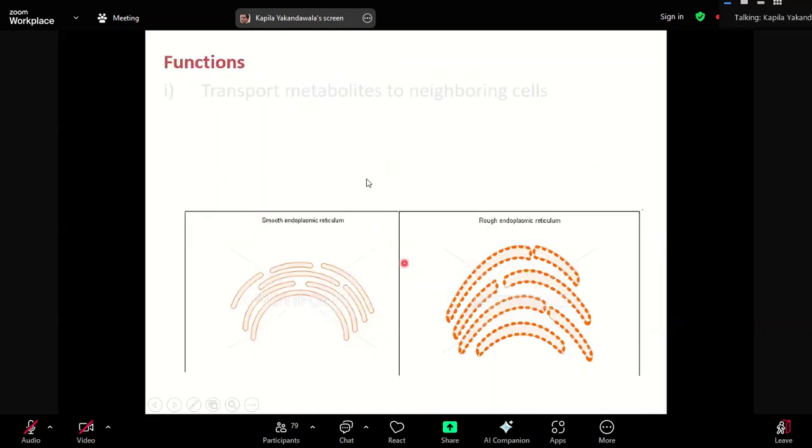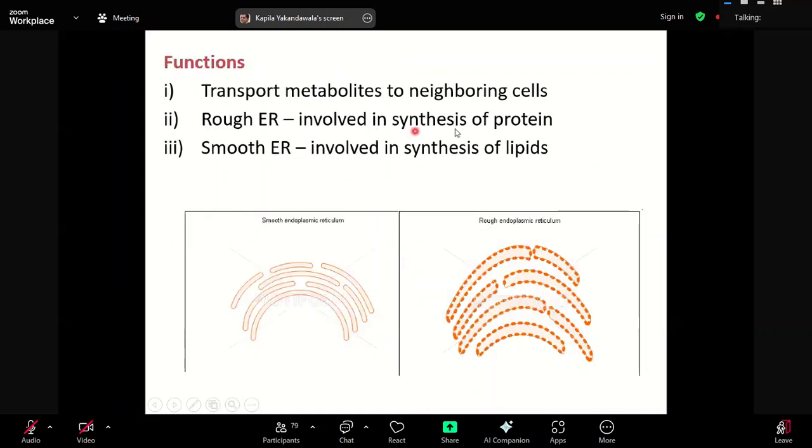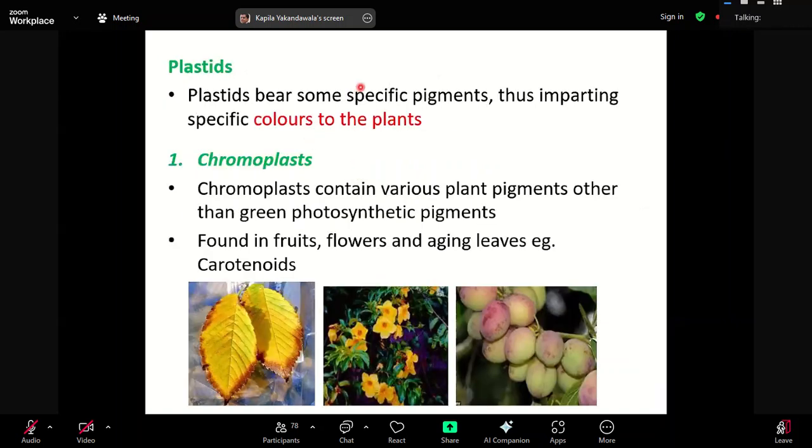Rough ER can synthesize proteins. Smooth ER can synthesize lipids. Apart from that, they can transport metabolites to neighboring cells because this can extend from one cell to the other cell through plasmodesmata. Then we have plastids.